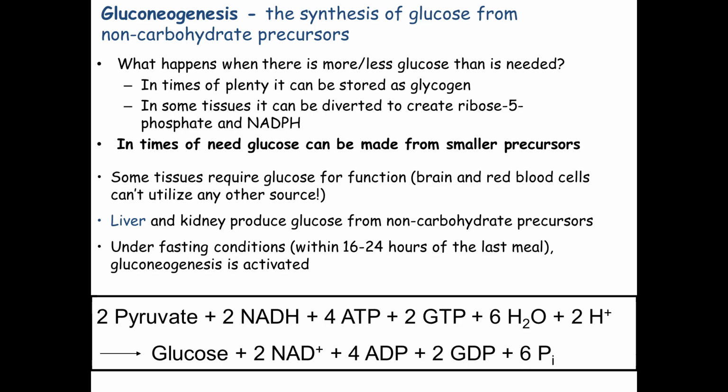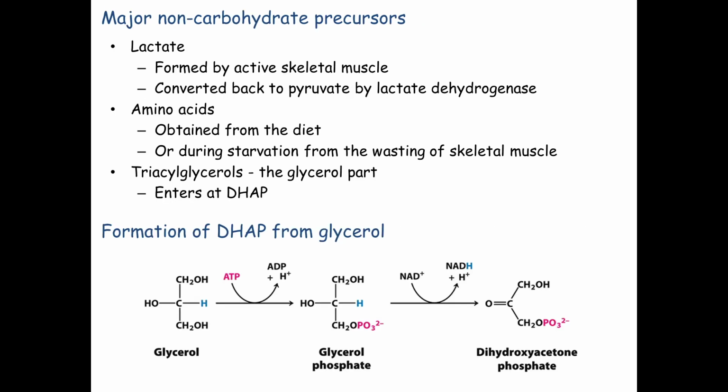Okay. So our first step is, where can we get a non-carbohydrate precursor? Some examples. Well, one would be lactate, right, at the very top here. So we have lactate in our skeletal muscle. We send it to the liver. We can convert it back to pyruvate in the liver. That's not a problem. And then we can make our glucose from pyruvate from there.